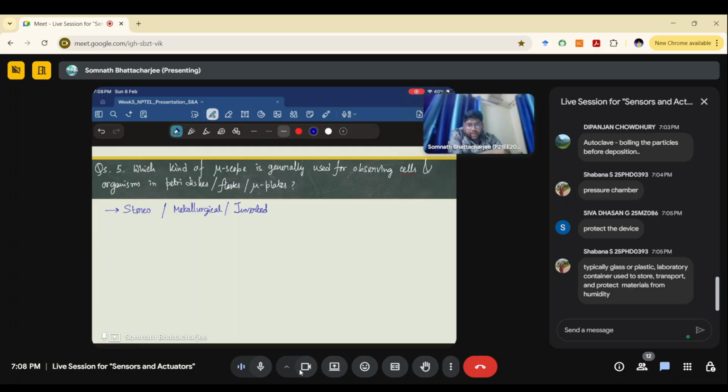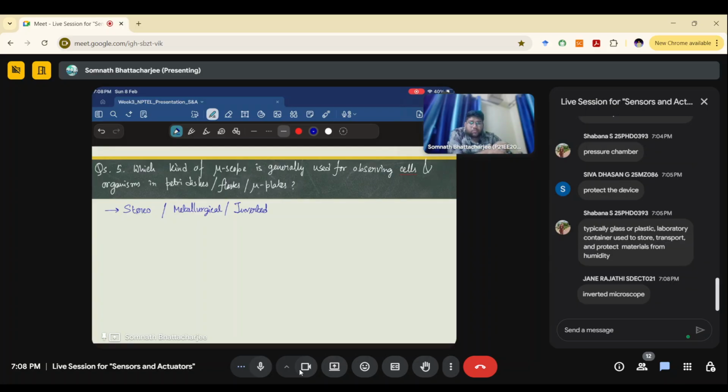So which one is the correct one? Yes, inverted. So we need an inverted microscope to check the cell cultures and organisms in petri dish flasks and these things. So what are the other two best for?